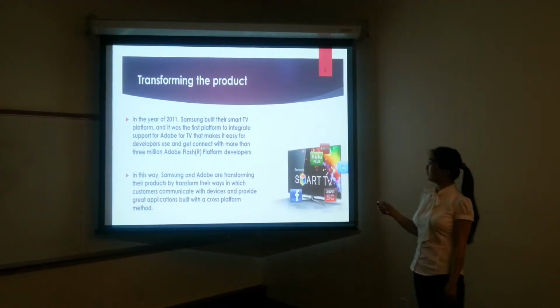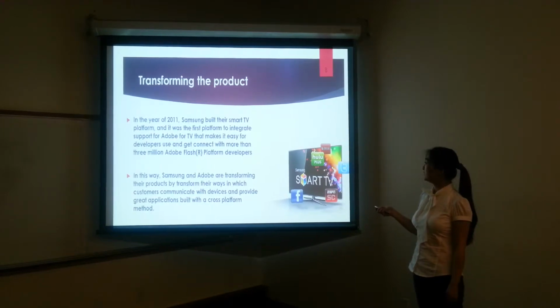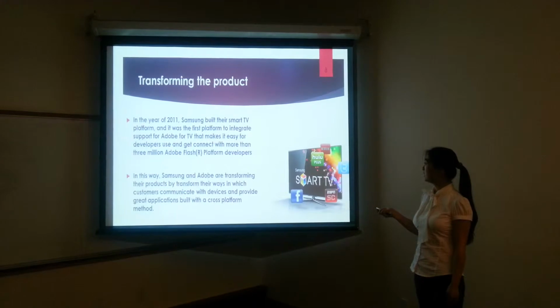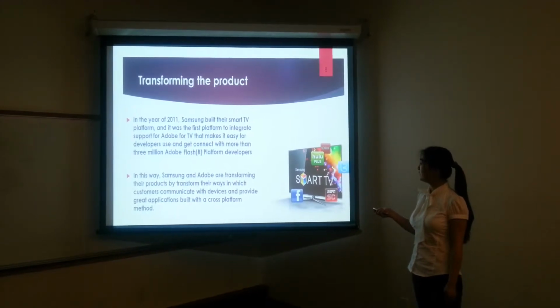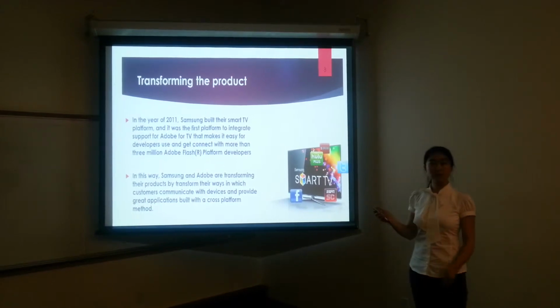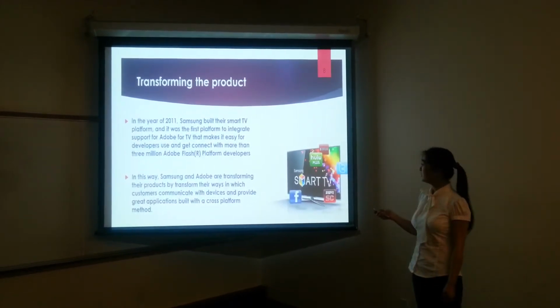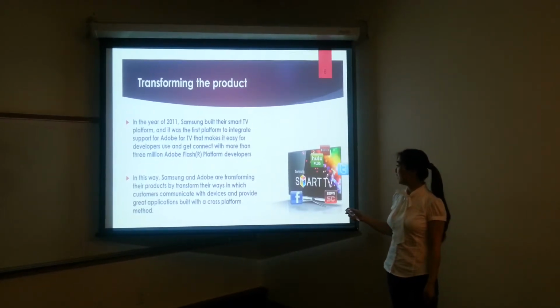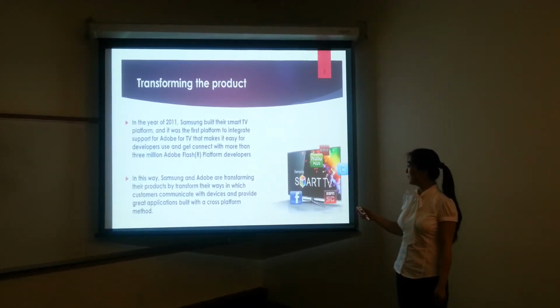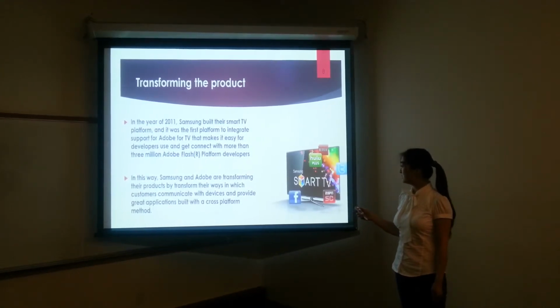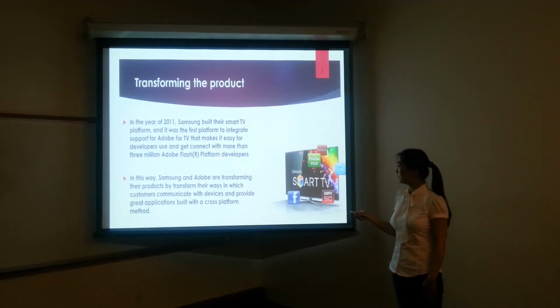For example, in the year 2011, Samsung built their smart TV platform, and it was the first platform to integrate support for Dolby, and it makes it easier for developers to use and get connected with more than 3 million developers through this platform. In this way, Samsung and Adobe are transforming their products by transforming the ways in which customers communicate with devices and provide great applications built through a process platform method.